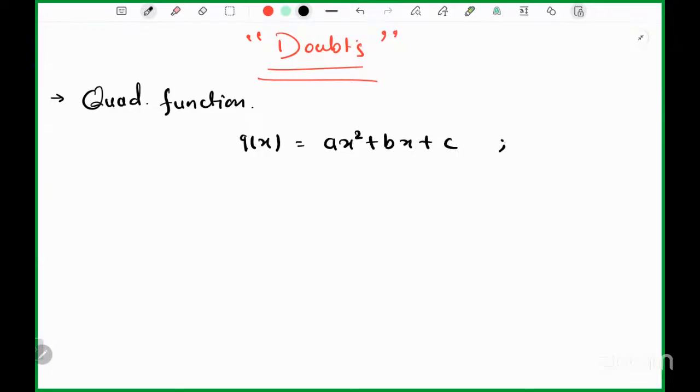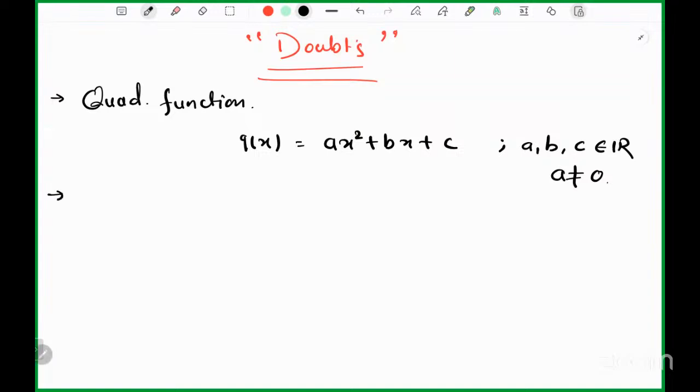What are these a, b, c? They are real numbers in such a way that a ≠ 0, because if a is 0, then the x² term will vanish and it is no longer a quadratic function. Any quadratic function will have this particular form, ax² + bx + c. Okay, so this is the general standard form.